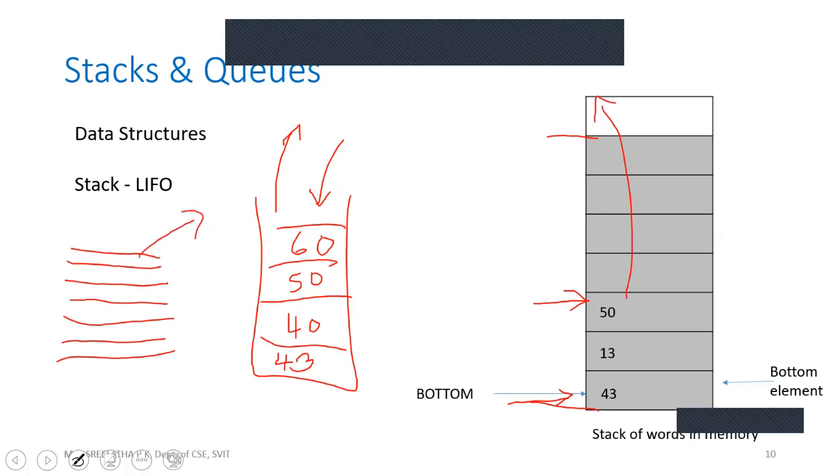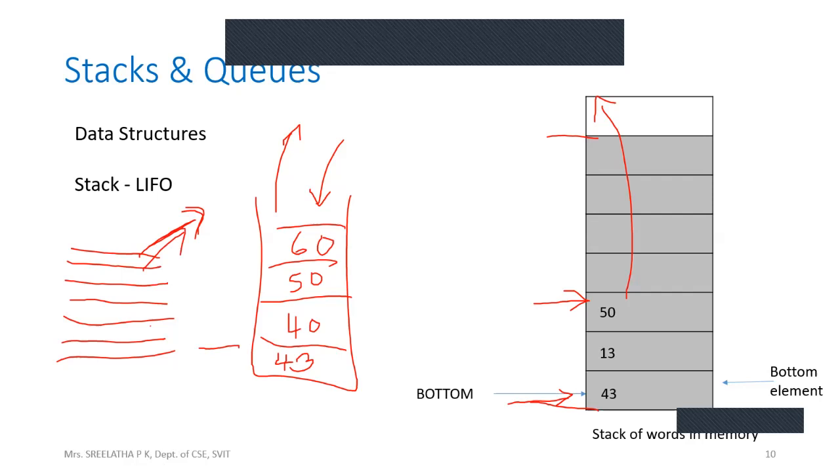You don't pull a plate from in between. It is not possible. Even if you don't like the plate, you keep it down and take the next plate. Similarly, in this structure you can take only the topmost element.